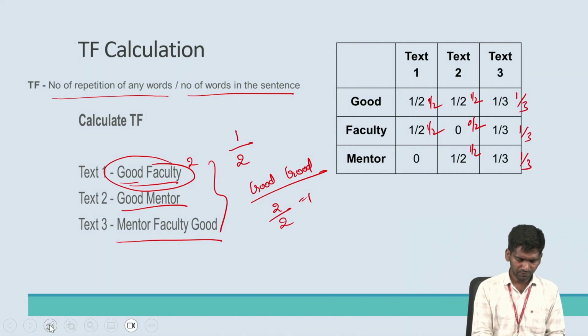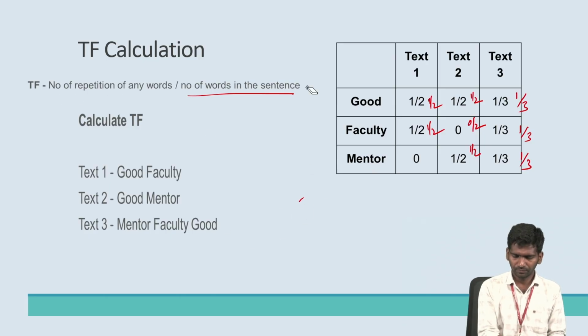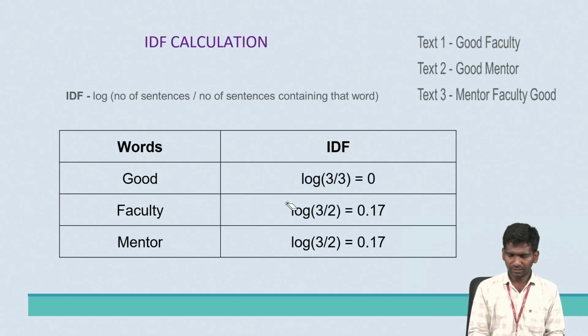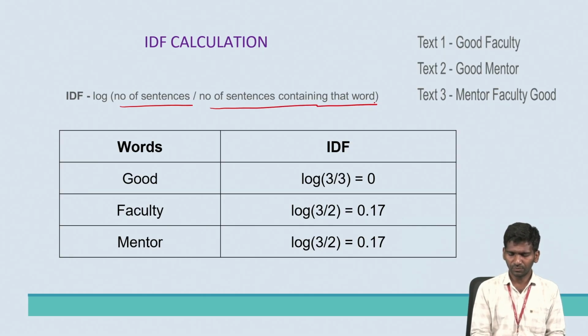Next we need to calculate IDF. IDF also has a separate formula, log of number of sentences by number of sentences containing that word. Total how many sentences are we having? 3, right?